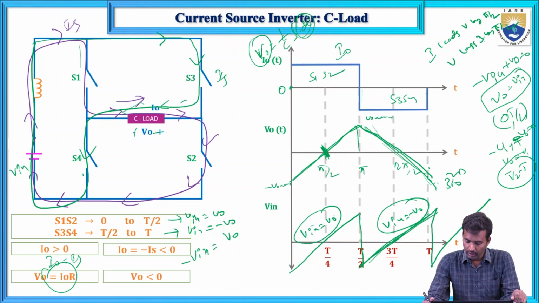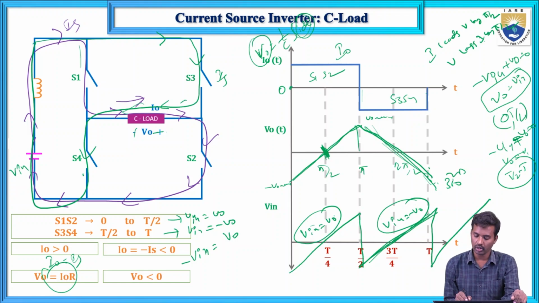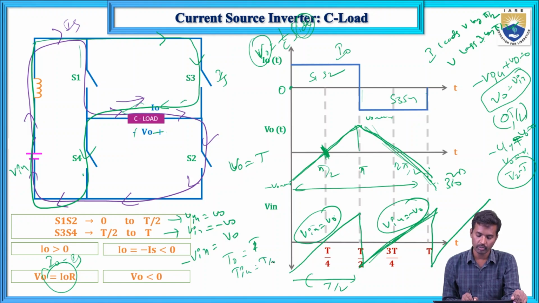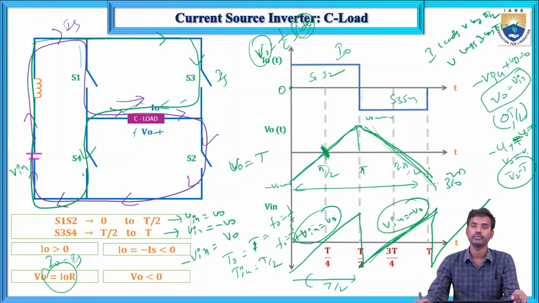Okay, so now there is a frequency change. The output voltage time period is T, but here the time period is T by 2. So T naught equals T only, and T in equals T by 2. So F naught equals 1 by T, and F in equals 1 by T by 2, which is 2F.